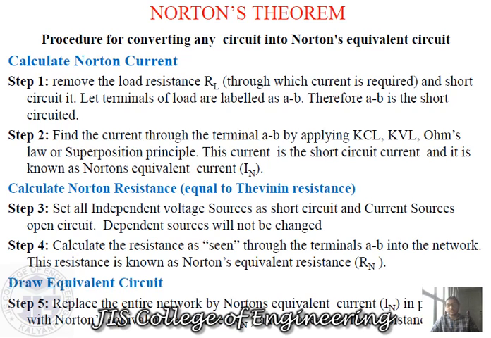Just try to remember one thing: when we discussed Thevenin's theorem, there also we first identified our load resistance, then removed it and kept the terminal open, and as a result we got the Thevenin voltage. But for Norton's theorem, it's very important to remember that we will identify and remove the load resistance, but in this case we will short the terminal to find the current through that shorted path.